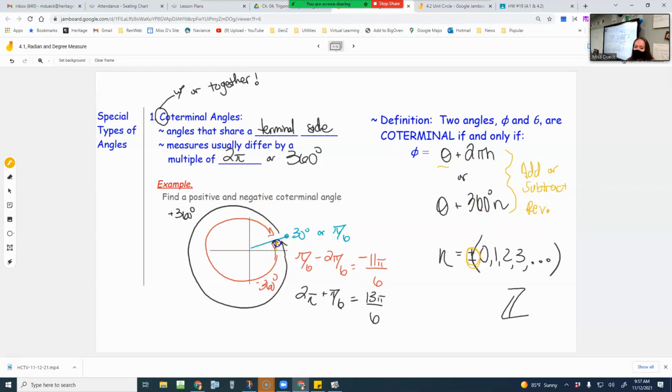If I'm at 30 degrees, to get back there I need to add a whole revolution, which is why one coterminal will be 390 if you're doing degrees. Or if you're doing radians, if I'm at pi over 6, I need to add a whole 2 pi to get all the way back around to 13 pi over 6, which is one way. But you can also go the other direction, subtracting. I can also take pi over 6 and subtract 2 pi, which is 12 pi over 6, and 1 minus 12 is negative 11. That's just me reminding you guys of what was in the notes.